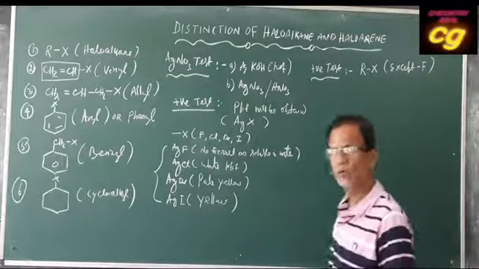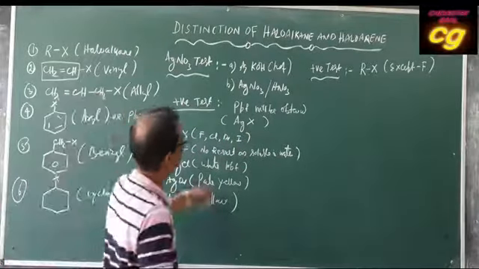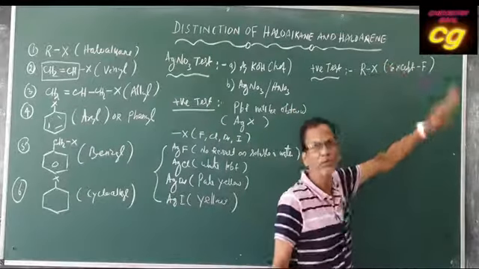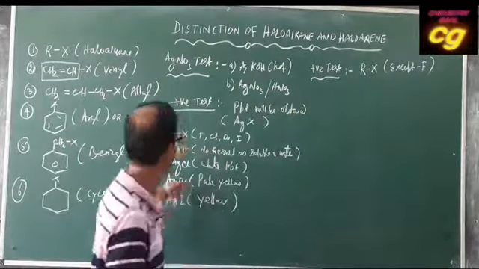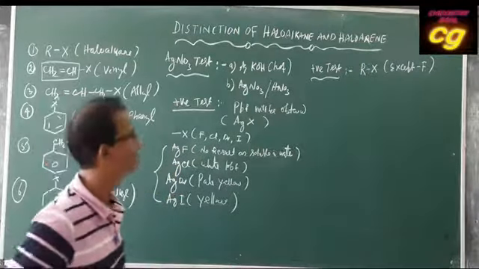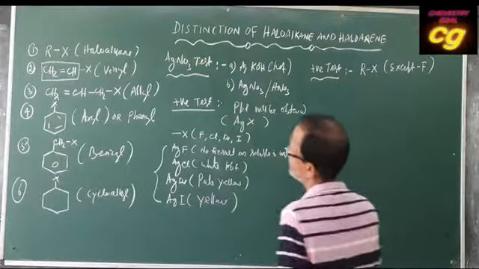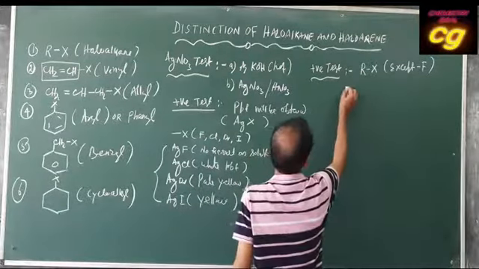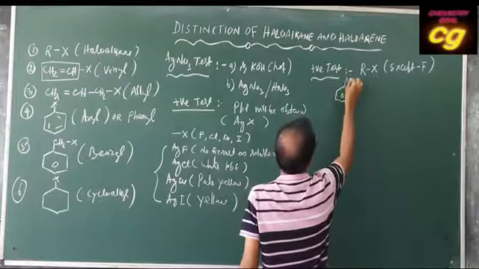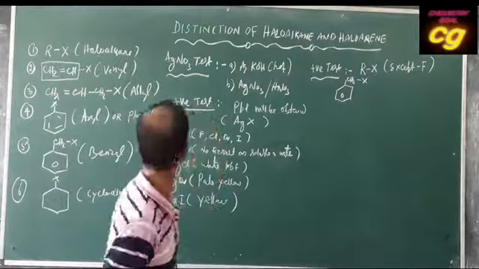Except fluorine, all will give a positive test. Chlorine, bromine, iodine, if haloalkane is there, then it gives a positive test, as per the particular halogen present. Then benzyl groups also give a positive test.